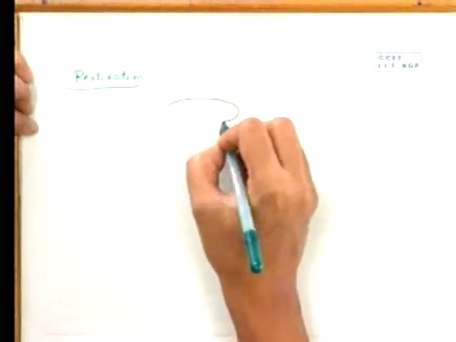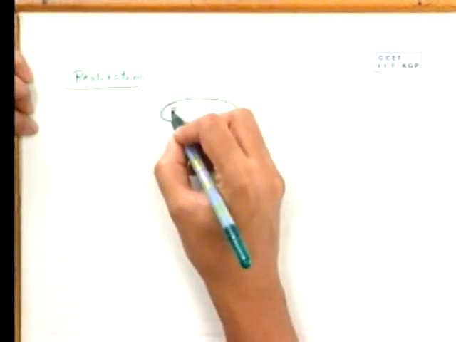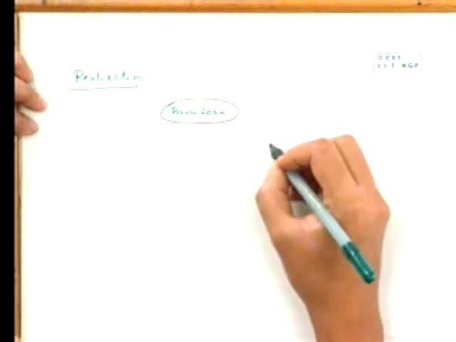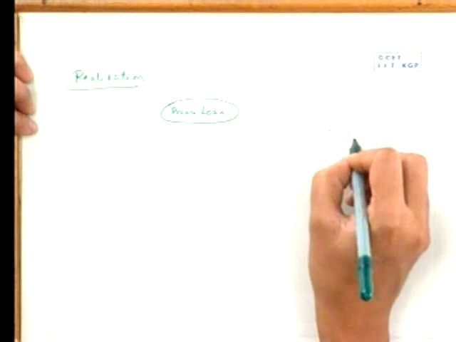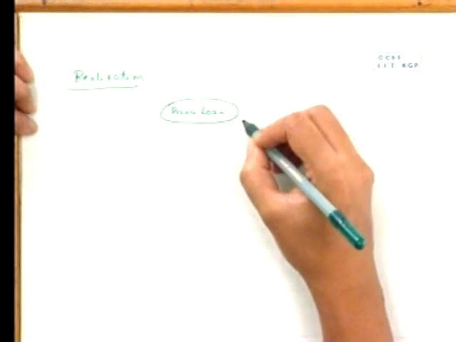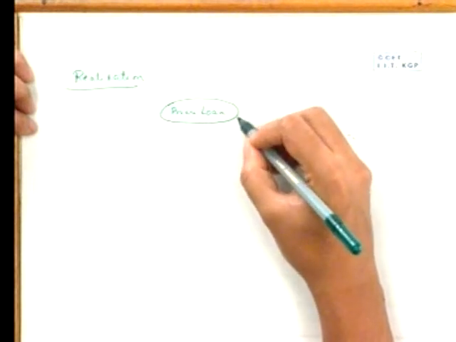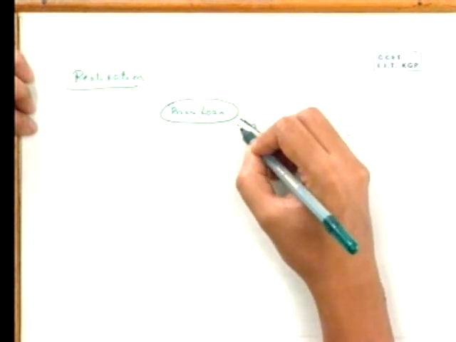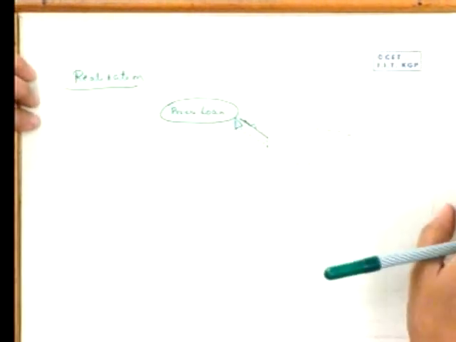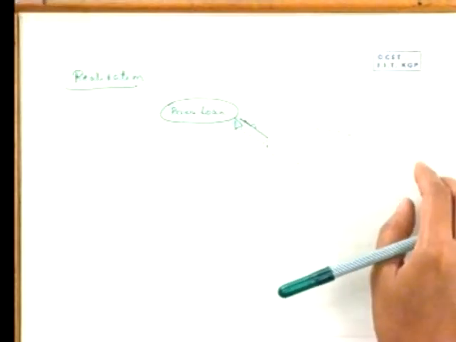And so for realization, suppose you have this use case called process loan, and you have this collaboration which realizes this use case. This is denoted in this form. So this is the realization relationship.